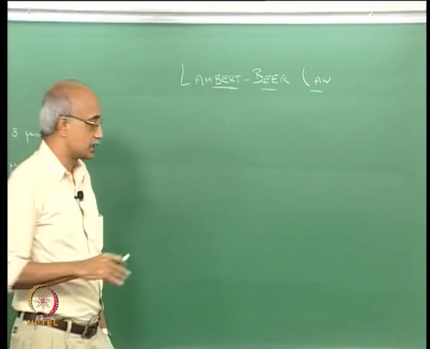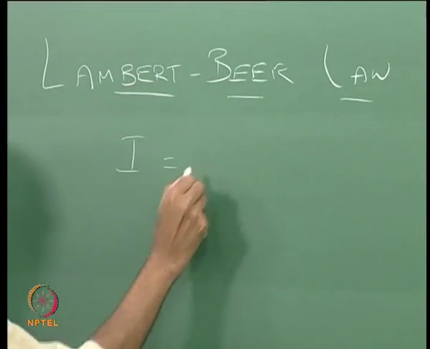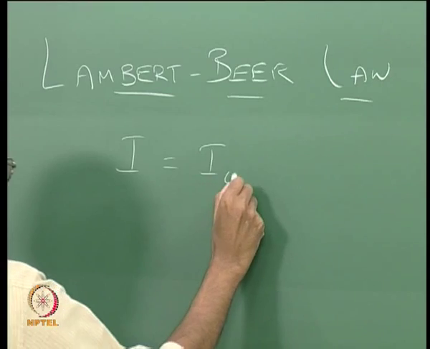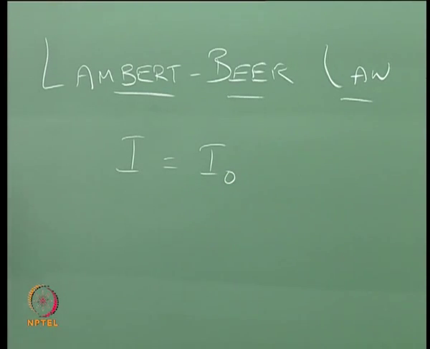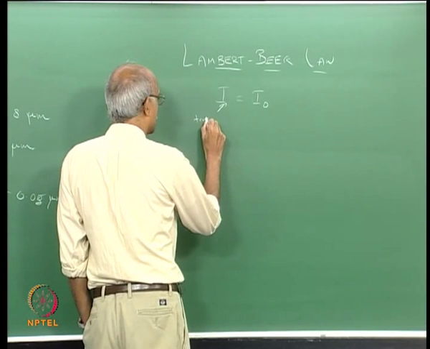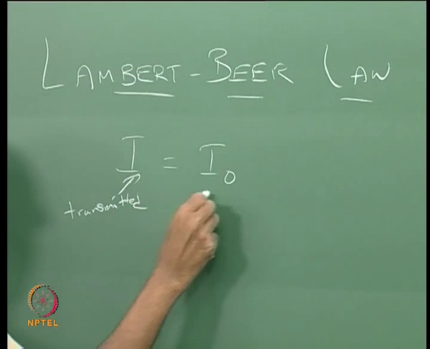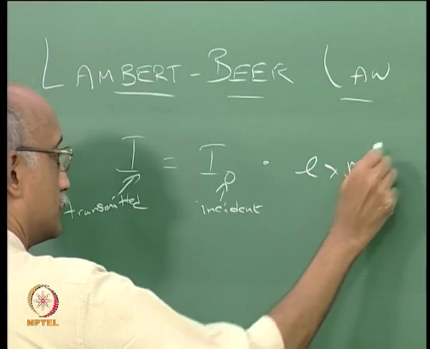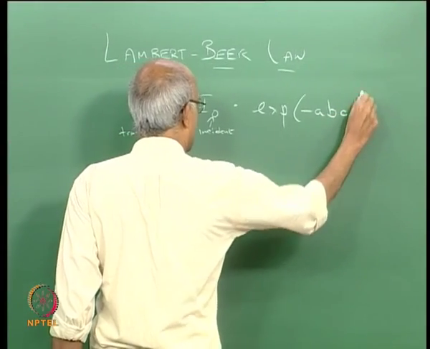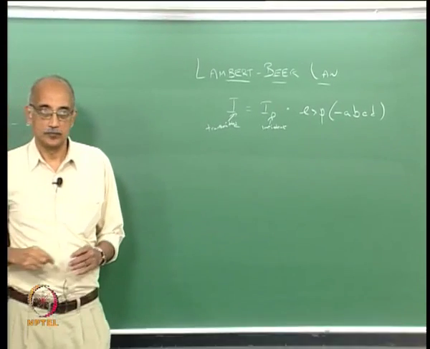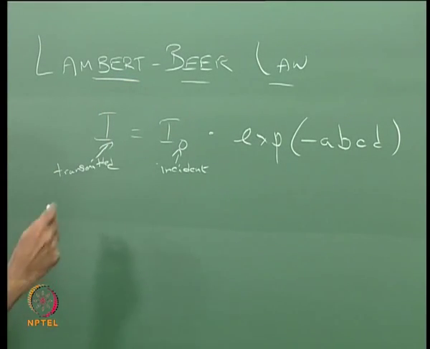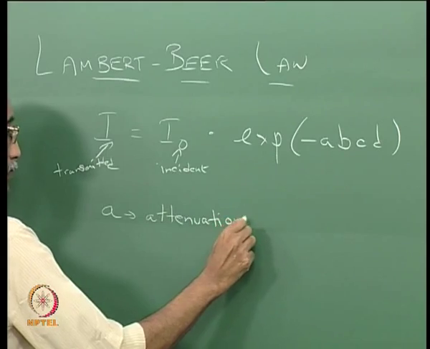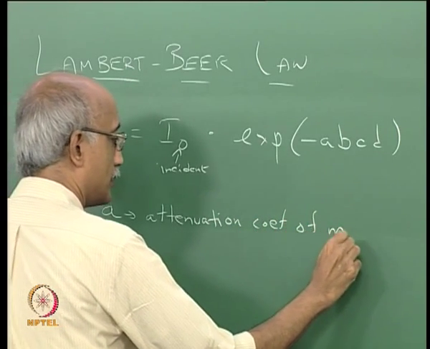The Lambert-Beer law states that the intensity of light that is transmitted through a suspension, I, is proportional to the incident light I0, times an exponential factor, which is stated as exponential of minus a, b, c, d, just to make it easier to remember, where a stands for the attenuation coefficient of the material.